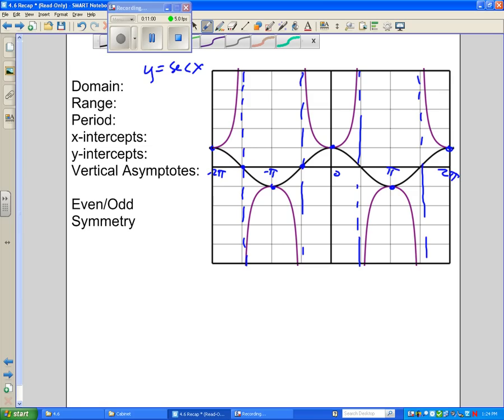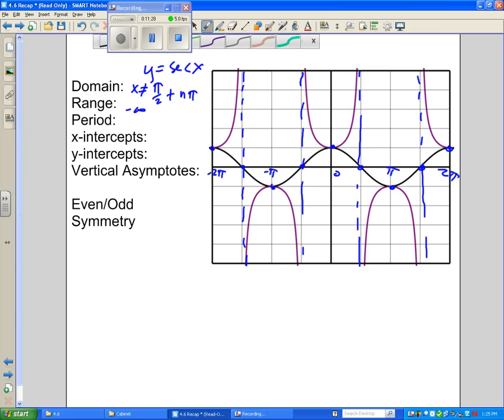They share the extrema, like I said before. So let's analyze the graph. The domain is where x cannot equal the asymptotes. So we're going from pi over 2 to 3 pi over 2 and so forth. So we're adding integer values of pi to pi over 2.